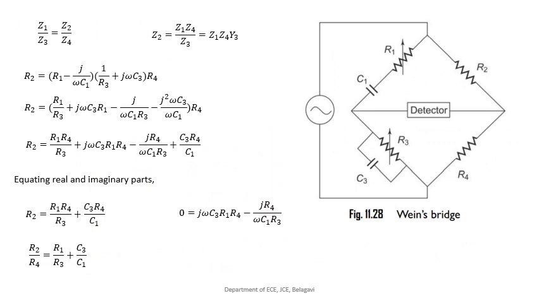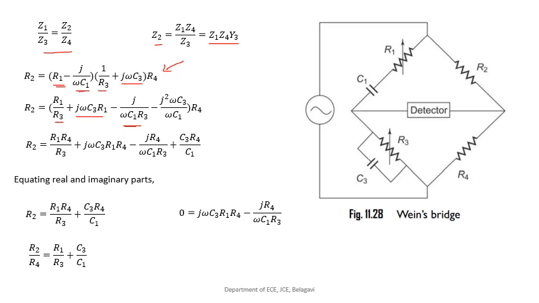Same thing, you have this relationship. Then Z2 will become Z1 Z4 Y3. Substitute, then simplify this. You multiply R1 into 1 by R3, you'll get this. Then R1 into j omega C3, you'll get this. Then j divided by omega C1 into 1 by R3, you'll get this with a minus sign.